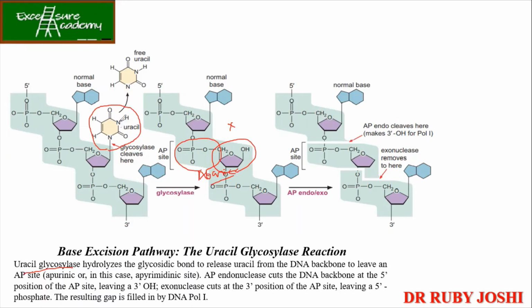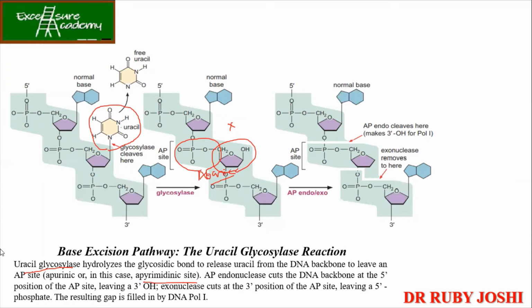Since uracil is a pyrimidine, you will say that it is a apyrimidinic site. If it was a purine, you would have said an apurinic site. Guys, are you with me? Able to follow? Yes, ma'am. Okay, just stop in between if you're not able to follow. So now you can see this site has become an apyrimidinic site.